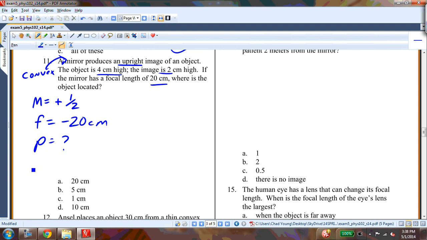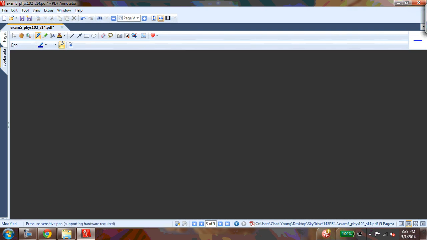I know that M is equal to negative Q over P. All right, so actually, no, I'm sorry. We don't need to do that. Since I know that my magnification is 1/2, I can say that this is equal to negative, pardon me.